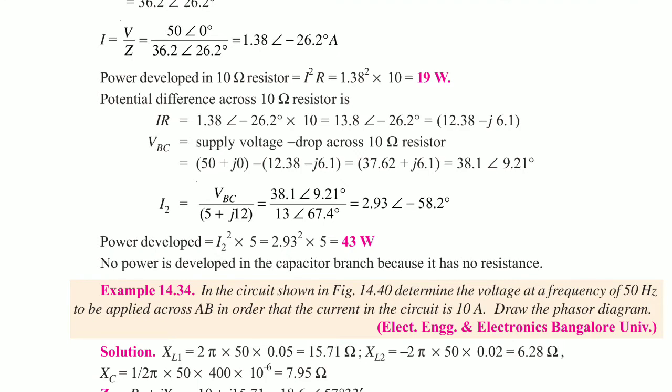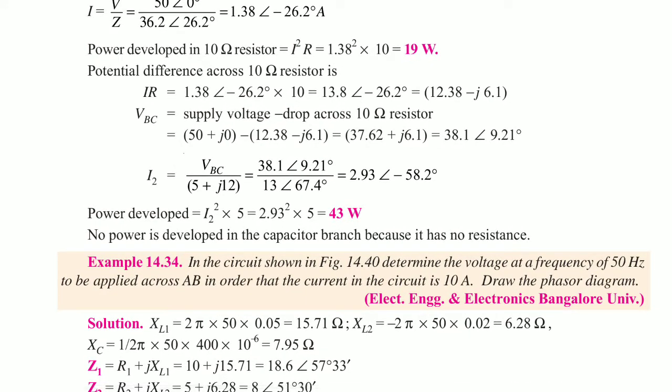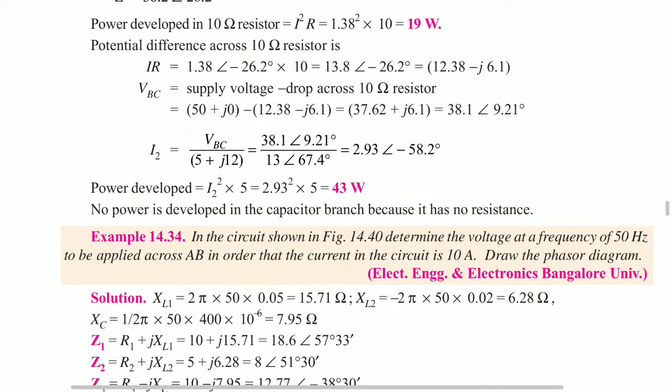So the voltage drop across the 10 ohms is 13.8 angle of minus 26.2 degrees, the voltage across BC is 38.1 angle of 9.21 degrees, and the current in branch 2 is 2.93 angle of minus 58.2 degrees.